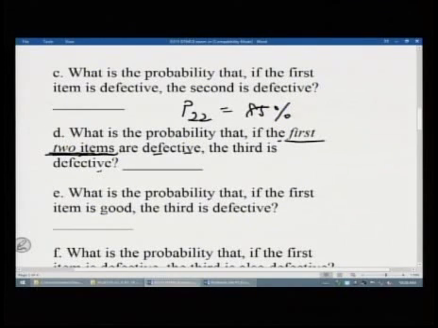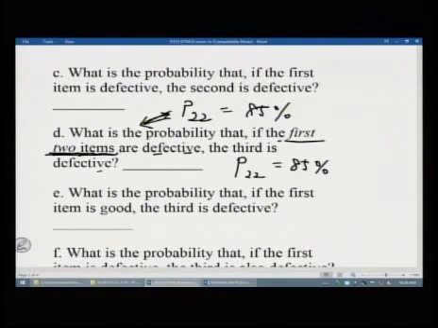So it's the same as this, exactly the same. Is that right? Which is P22. That is 85%. Because a Markov chain has a memoryless property. Just be careful.